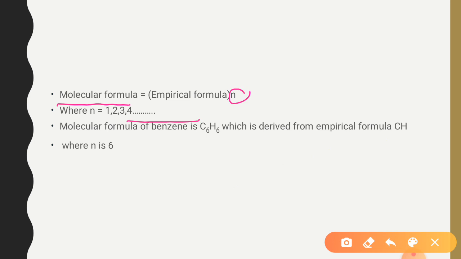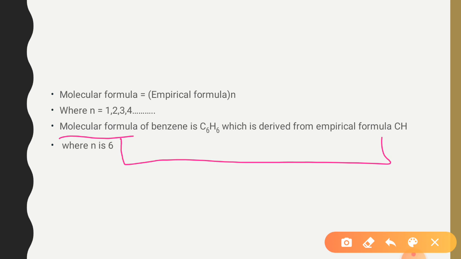For example, to further illustrate, let's do an example. Molecular formula of benzene is C6H6. This is its molecular formula. Molecular formula shows its actual number of atoms present in a molecule or compound, which is derived from empirical formula.